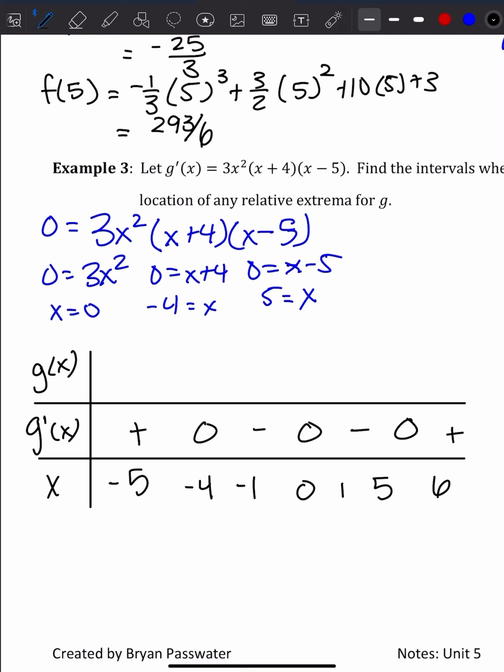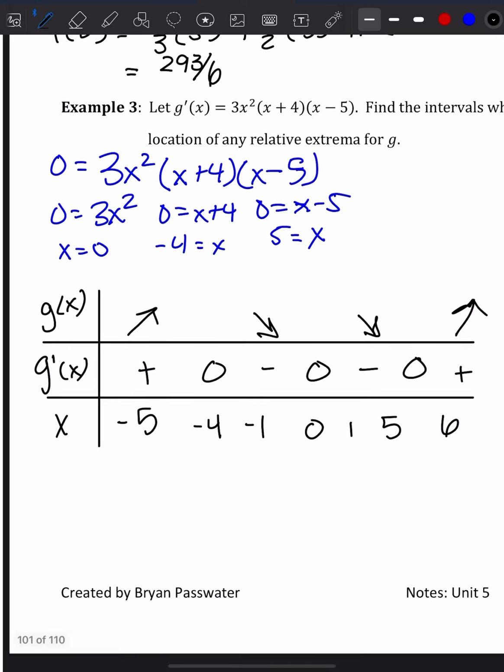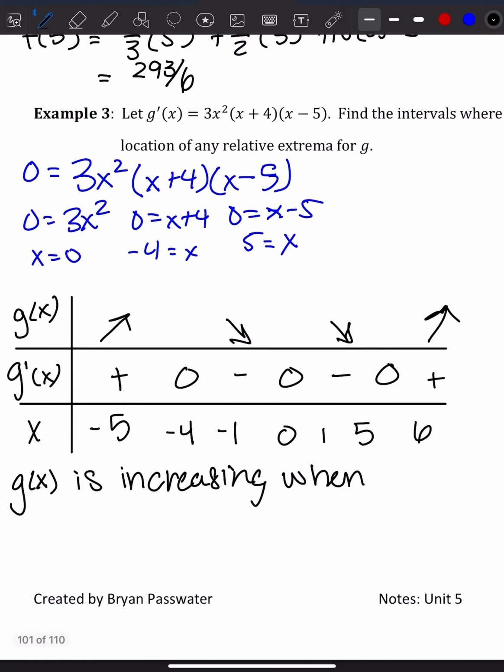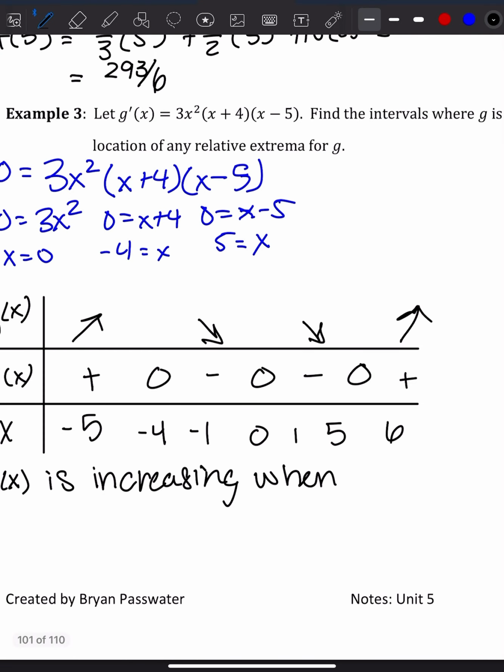So when we're looking at this, we have an increase, a decrease, more decrease, and then an increase. So we are increasing, so g of x is increasing when x is less than negative 4.